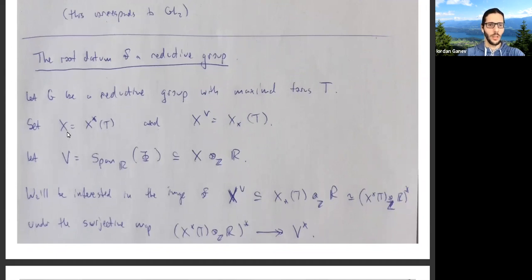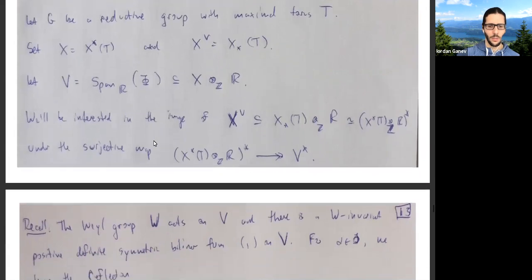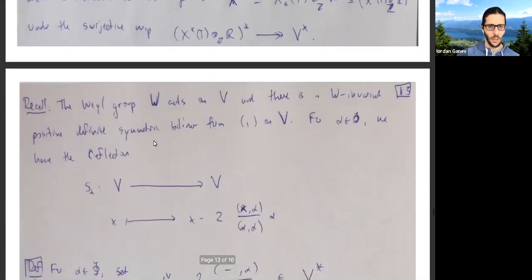So the root datum of a reductive group: to define it, we take X to be the character lattice, X check to be the co-character lattice, and we already have the roots, so that's R and R check.